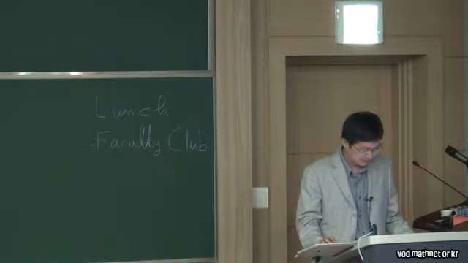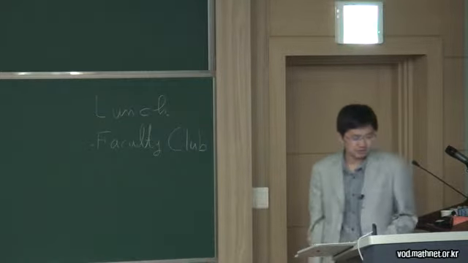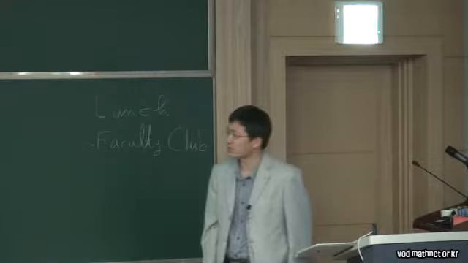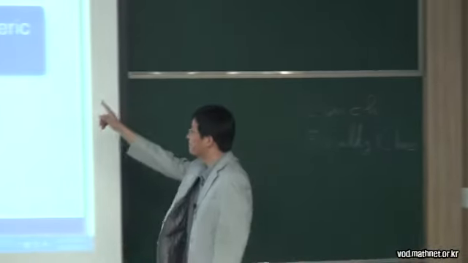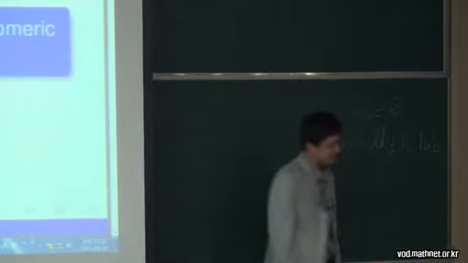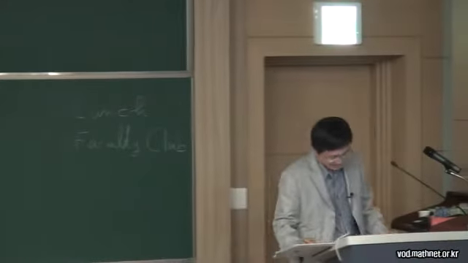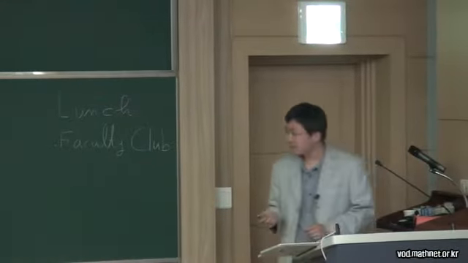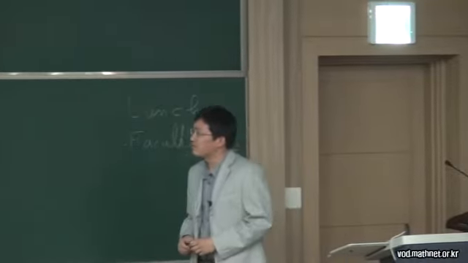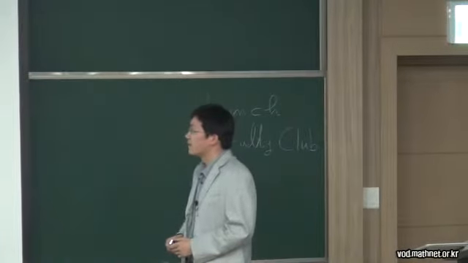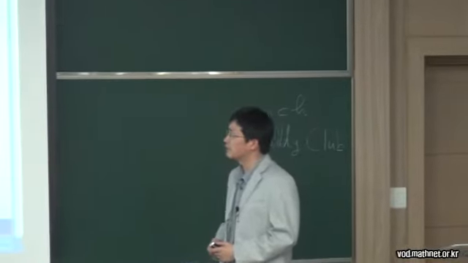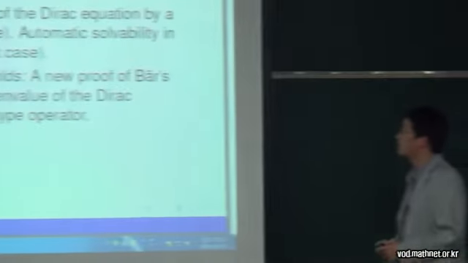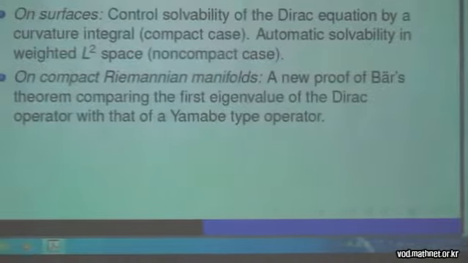The title of my talk is Solvability of Dirac equation and geometric applications. I'm sorry, there's a typo in the title. Geometric applications. I will talk about the Dirac equation. In the two-dimensional case, we can control the solvability of the Dirac equation by a curvature integral.